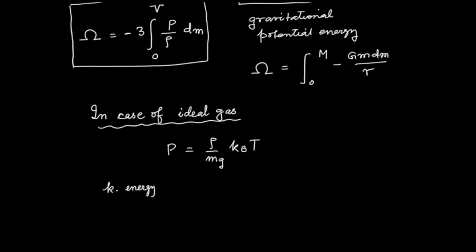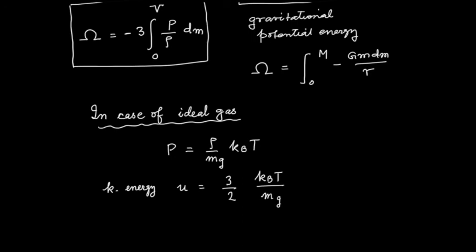And for the kinetic energy, say we are talking about hydrogen gas, 3 by 2 kT is the total energy, and then per unit mass of the gas, that is this.